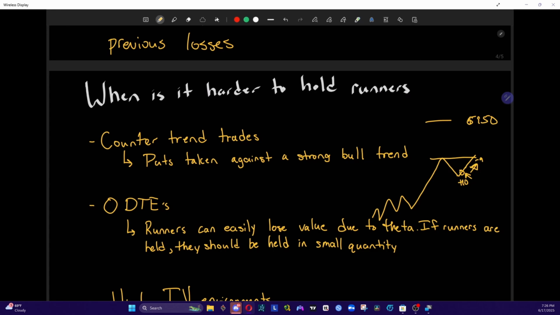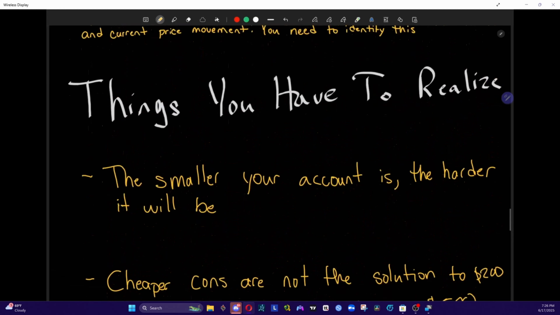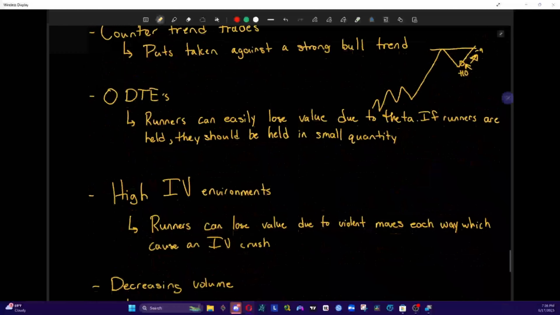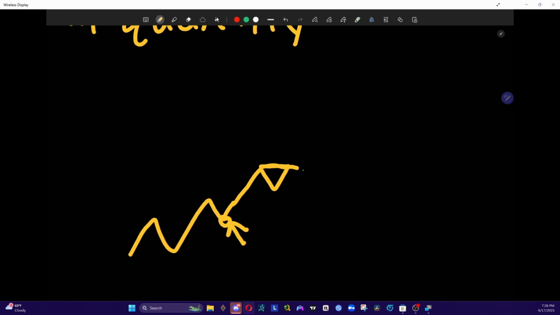So because of that, let me find a place to draw this. You can literally have a range day, you get into calls right over here, and you trim right over here, let's say because of theta. You bought 10 contracts here, you trimmed 7 here, right?